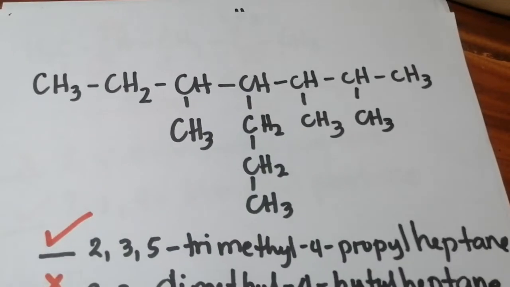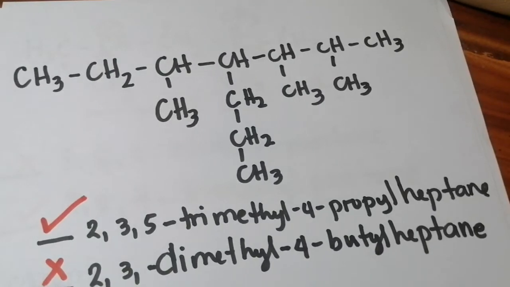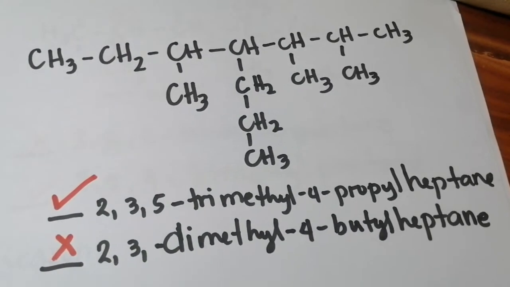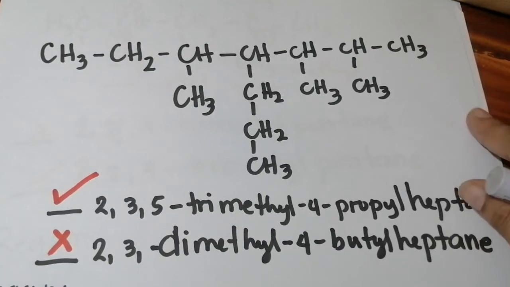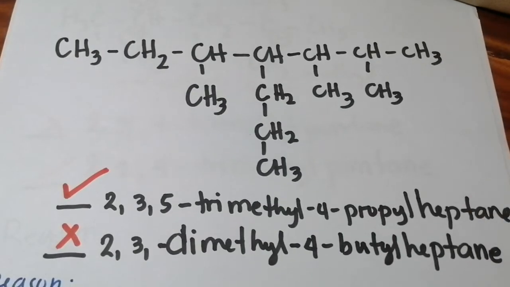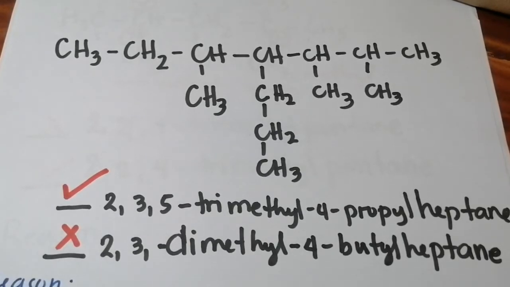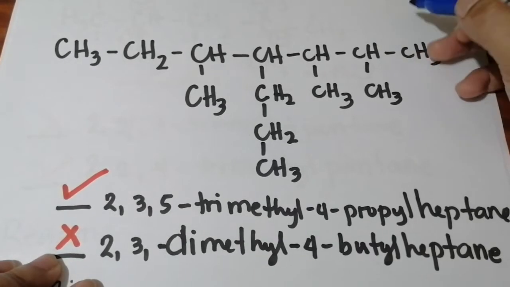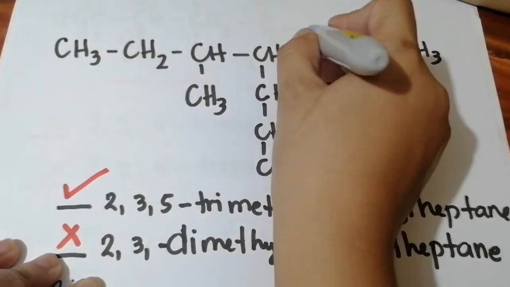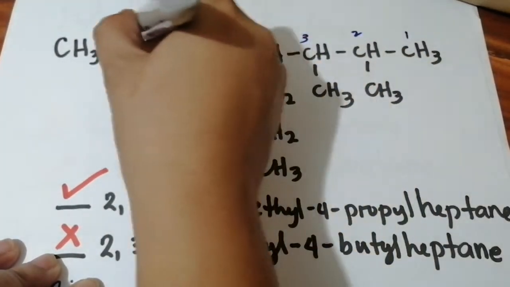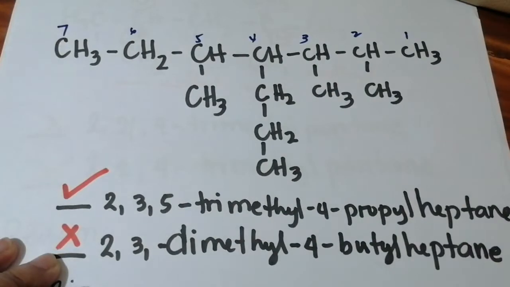What about this one? Here, the basis in naming this molecule is first the one that gives you the longest chain. So we have to count. We can start from here: 1, 2, 3, 4, 5, 6, 7. So it's 7.